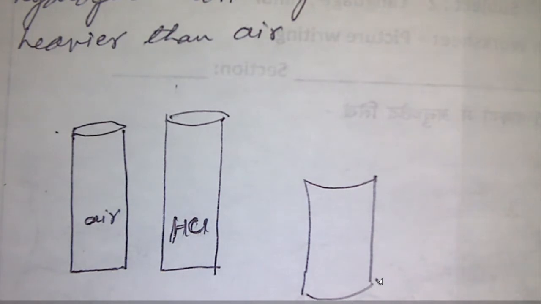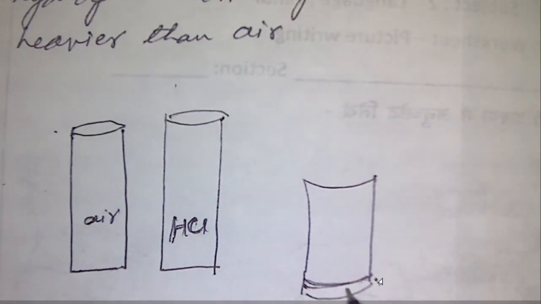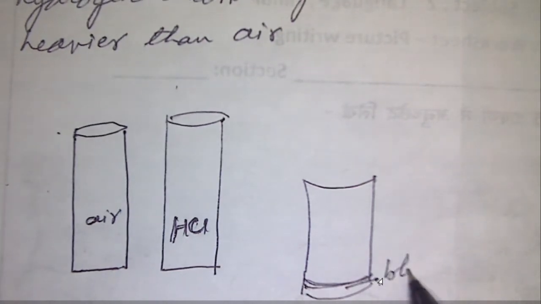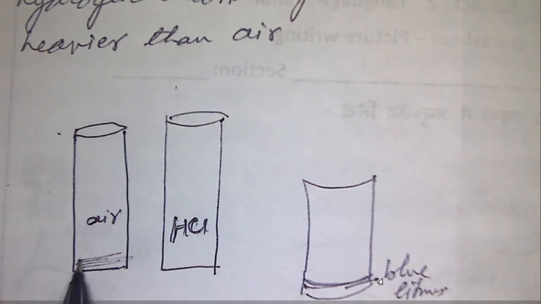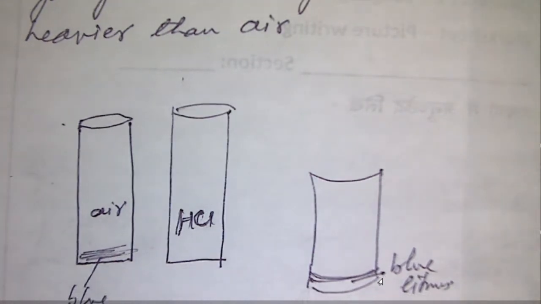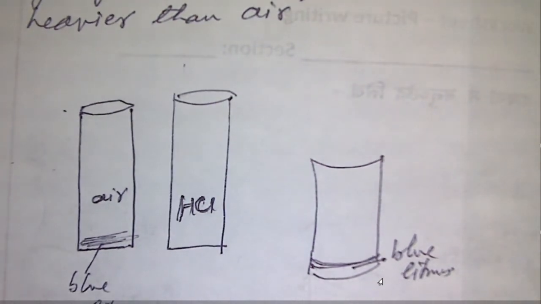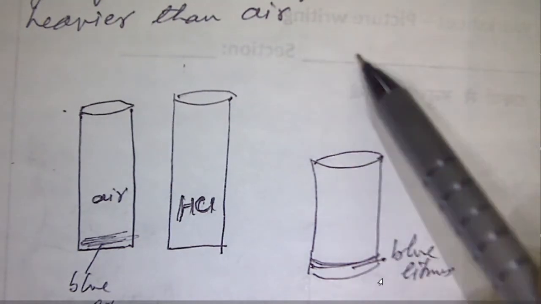In this, at the bottom, I'll just put a few drops, a small amount of blue litmus. I'll put blue litmus there. This air container, I've already added some blue litmus. Clear? Now this blue litmus, what will happen when I take this HCl and put it on top of this?